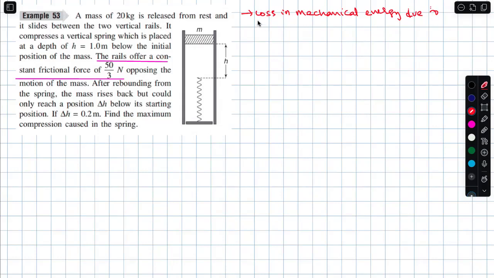Second point, the entire loss is due to friction only, right? Let X refer to the maximum compression in the spring.